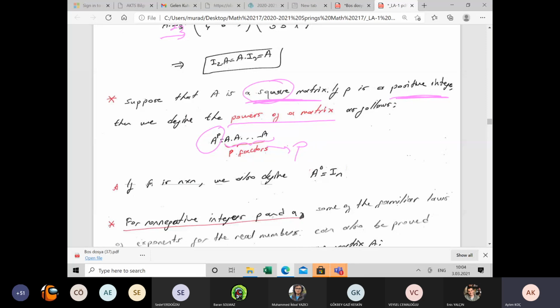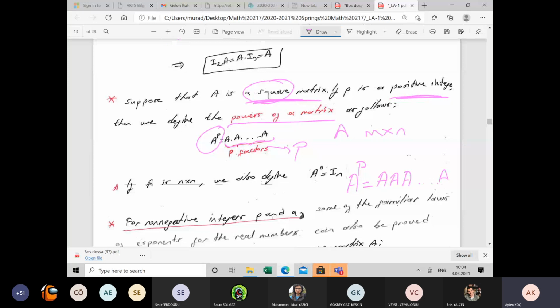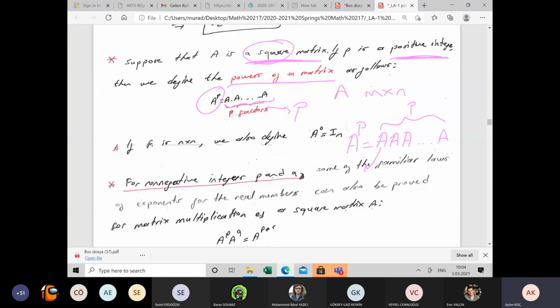And here A should be a square matrix, because what is the reason? For example, take A as n by m, not a square matrix. So let's look at A to the P. A to the P means take A, multiply by A, and A times A, and the number of A's is P. But look at this one. This dimension is n by m, A is n by m.